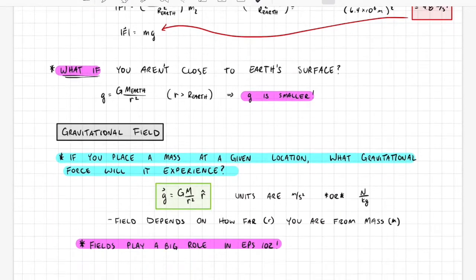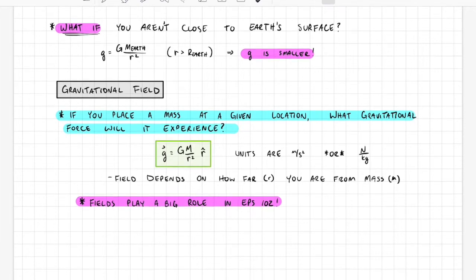Now, one way that we characterize or describe the way that this gravitational effect changes as you get further away from a massive object is something known as a field. So there's a way to describe gravity in terms of a field, and the way you want to think about it is that if you place an object with mass at a certain location, what gravitational force will that object experience?